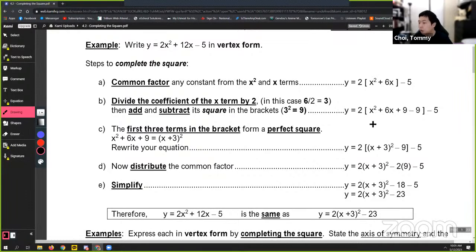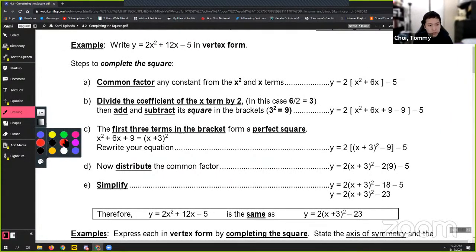Then we do some kind of middle step here. The formula for the middle step is that we take this value, which is our B value, and we do this here. So please write this down.